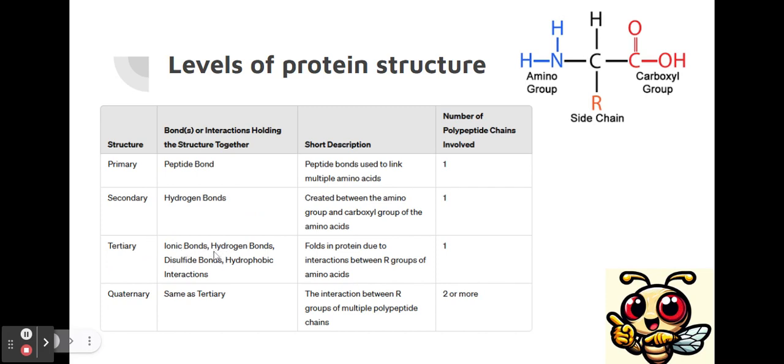It has these weak hydrogen bonds, but it also has strong disulfide bonds and ionic bonds, and some other weak hydrophobic interactions between the R groups of different amino acids. And quaternary follows the same rules, but if you have more than one polypeptide chain, like in hemoglobin, then you'd have quaternary structure that uses R groups or side chains and cares about these interactions here.